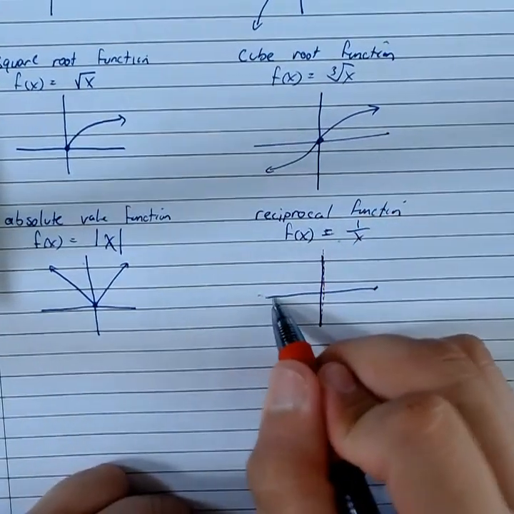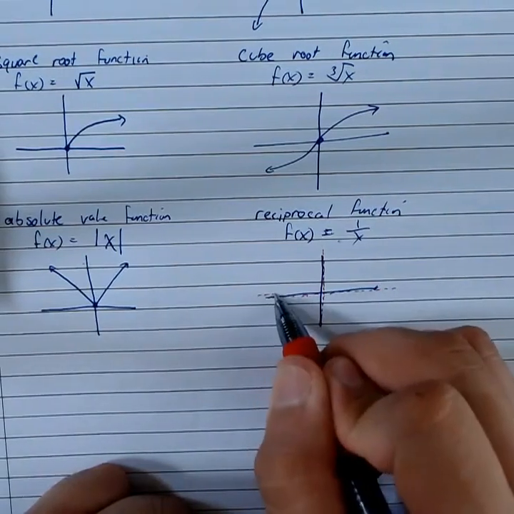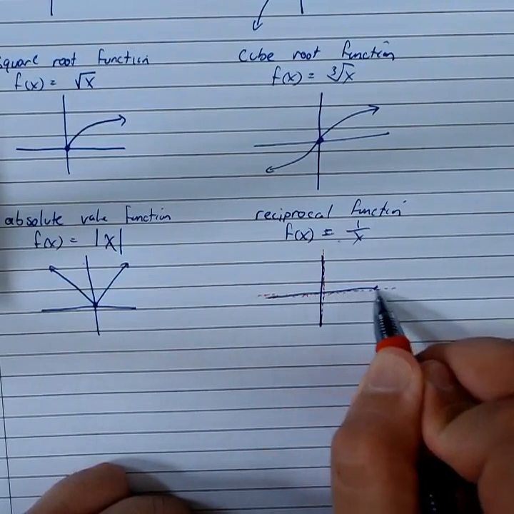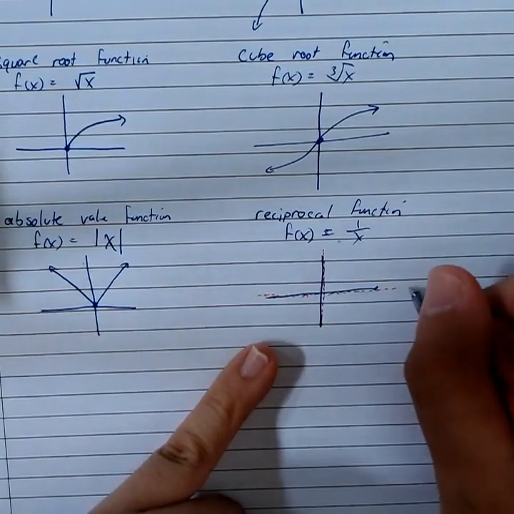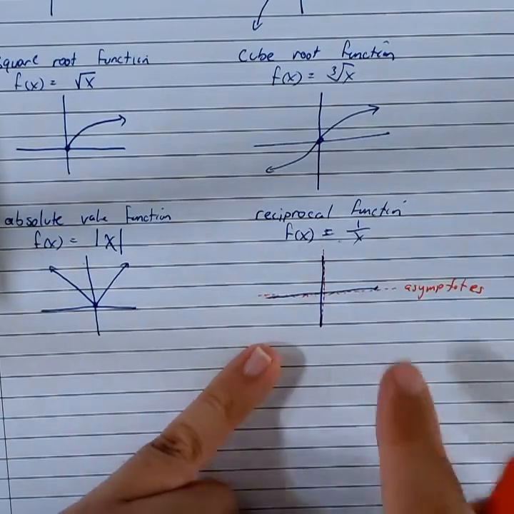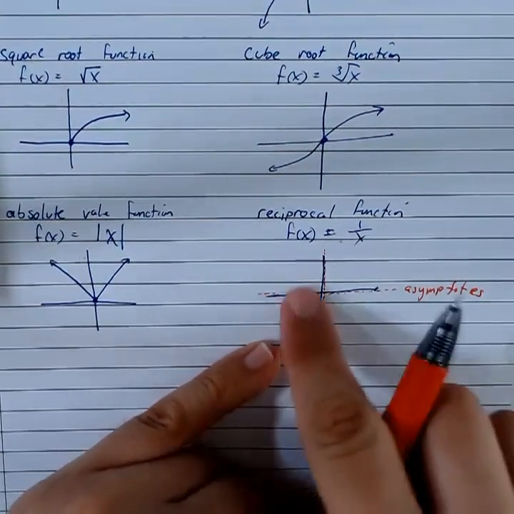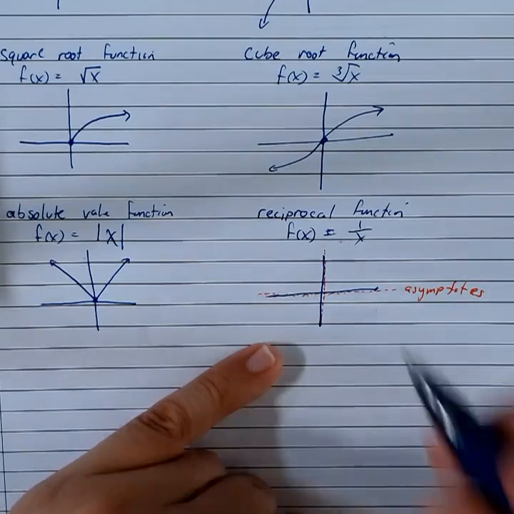These red lines that I'm drawing here are not part of the graph. However, they do help us when making the graph. We'll talk more about these in detail later, but these are called asymptotes. And asymptotes work as the skeleton, and they work as a support structure for your graph.